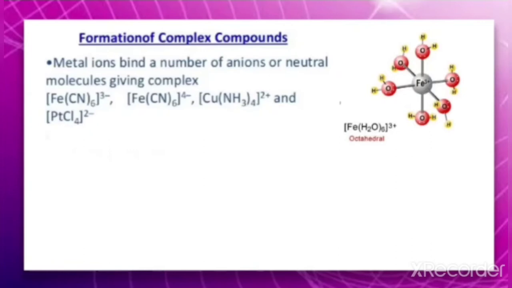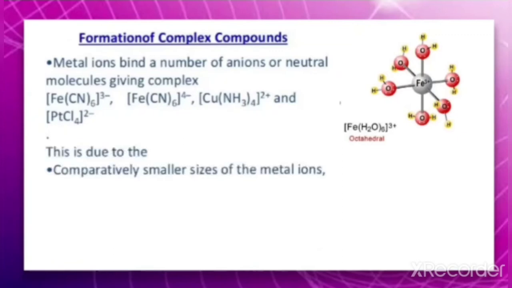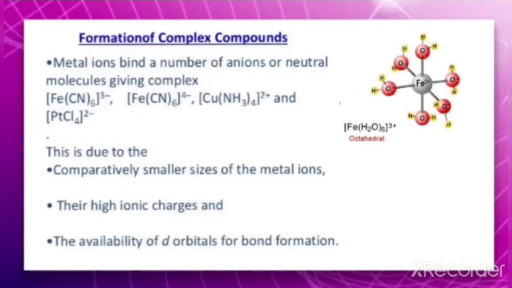So these can form complexes as shown in the different examples. In these examples you can see that the central metal ion is nothing but the transition metal ion. This is due to the comparatively smaller size of metal ions, due to high ionic charges, and due to the availability of d orbitals for bond formation, as the vacant d orbitals are necessary for bond formation.